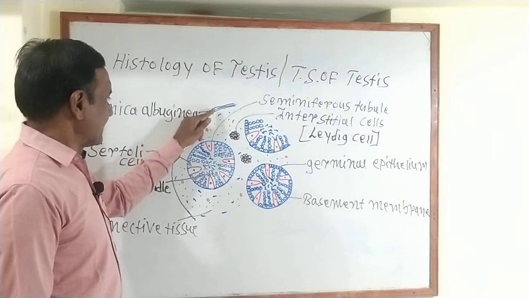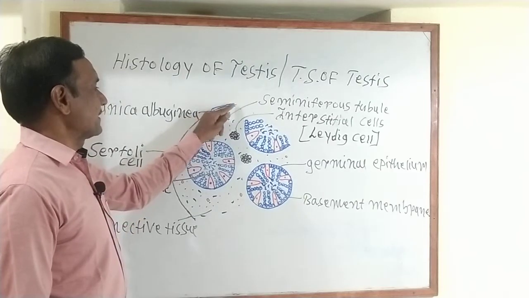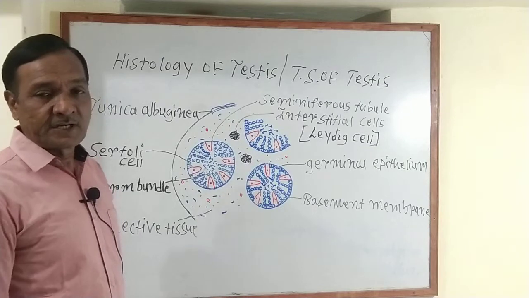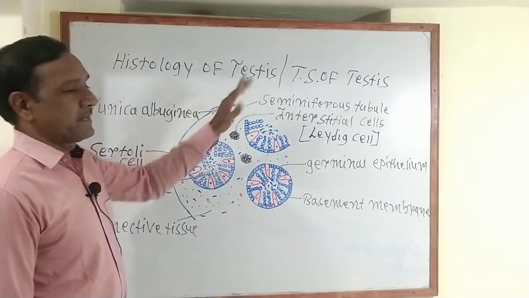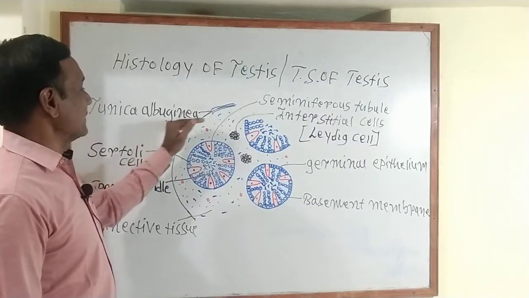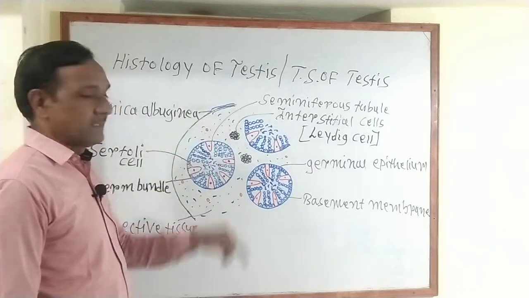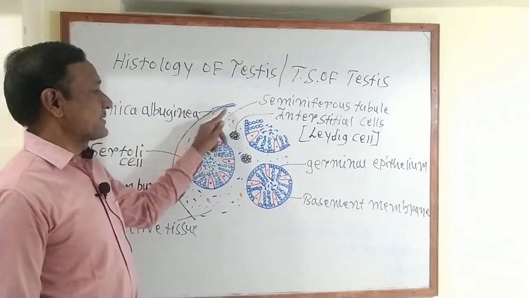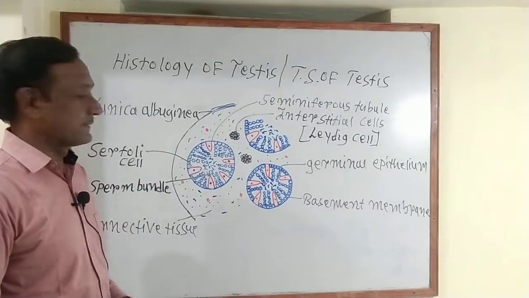Outer to the tunica albuginea is a covering called the tunica vaginalis. Inner to the tunica albuginea is a thin layer called the tunica vasculosa, or tunica vascularis.